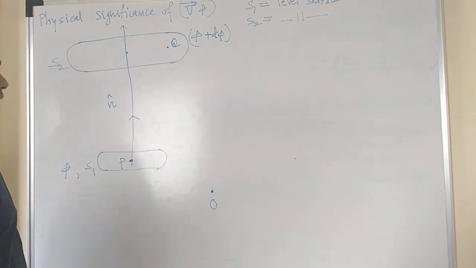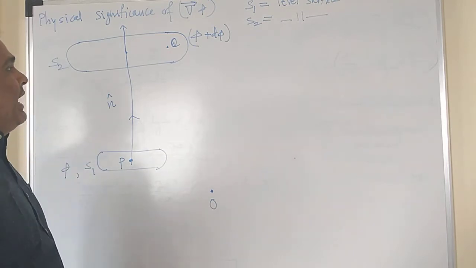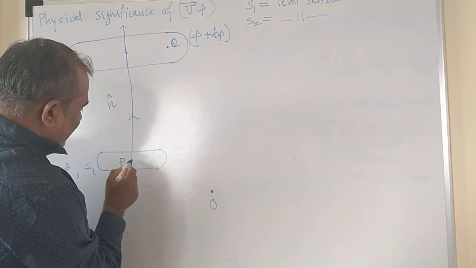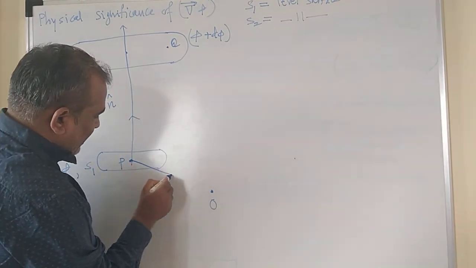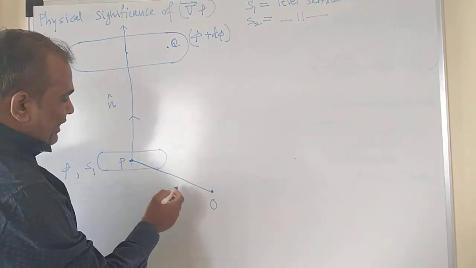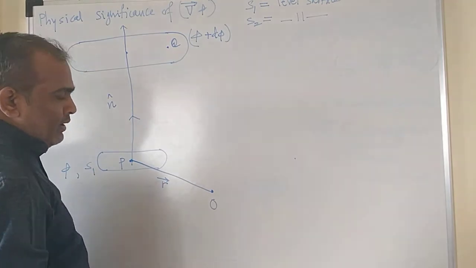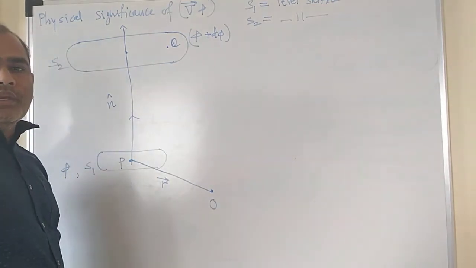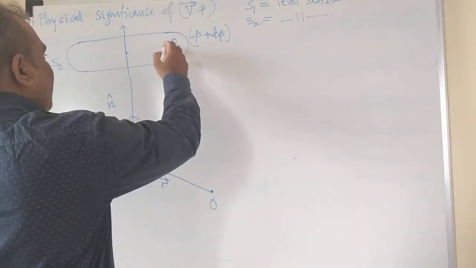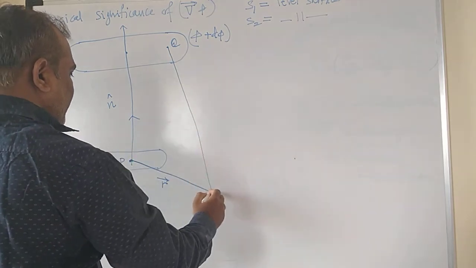Now point O is the origin, that is the reference point for point P and Q on the level surfaces S1 and S2. So I can say the point P is at a particular distance from origin. And how much is this distance? Let us say r bar is the position vector of point P with respect to point O. What will be the position vector of point Q with respect to origin O?